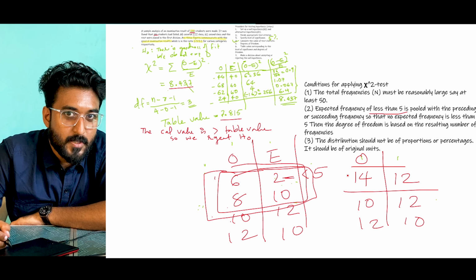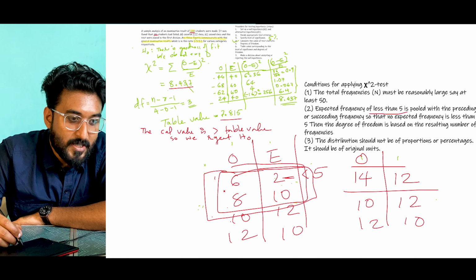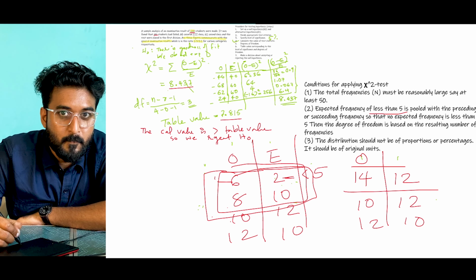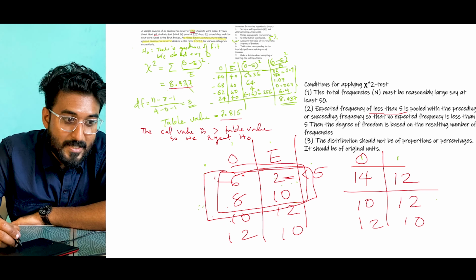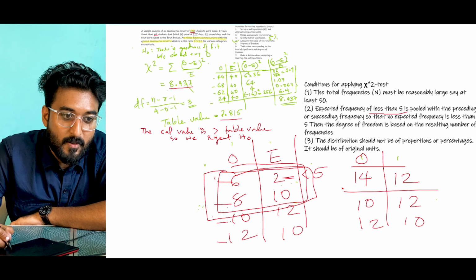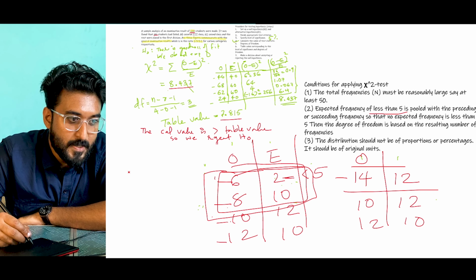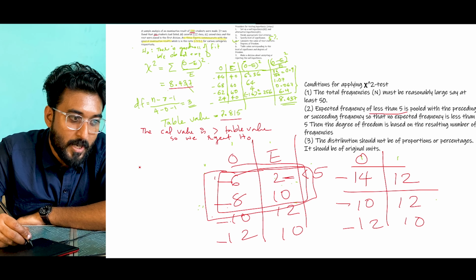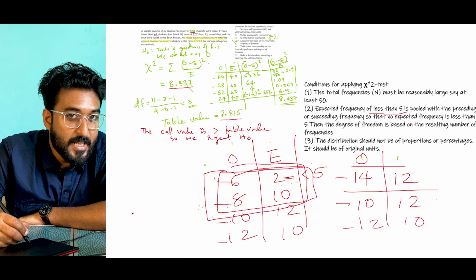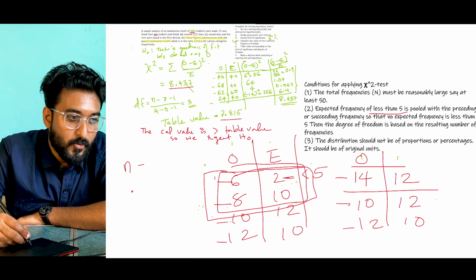Then apply chi-square test. So in the first time, how many observations are there? 1, 2, 3, 4. After pooling, how many observations are there? 1, 2, 3. That means in the first time, n minus r minus 1 is the degrees of freedom, that is 4 minus 0 minus 1 is 3.